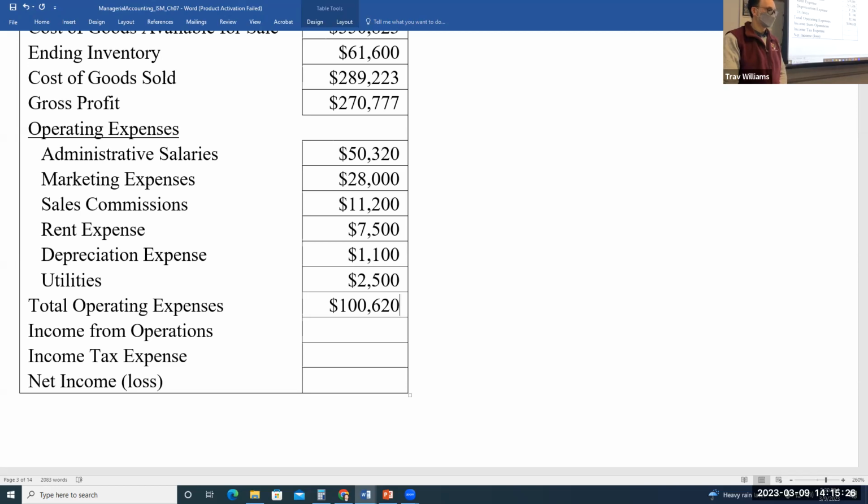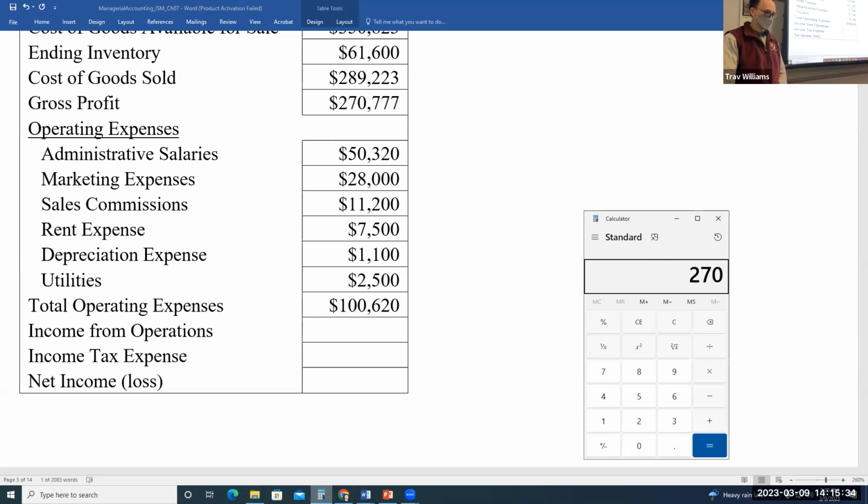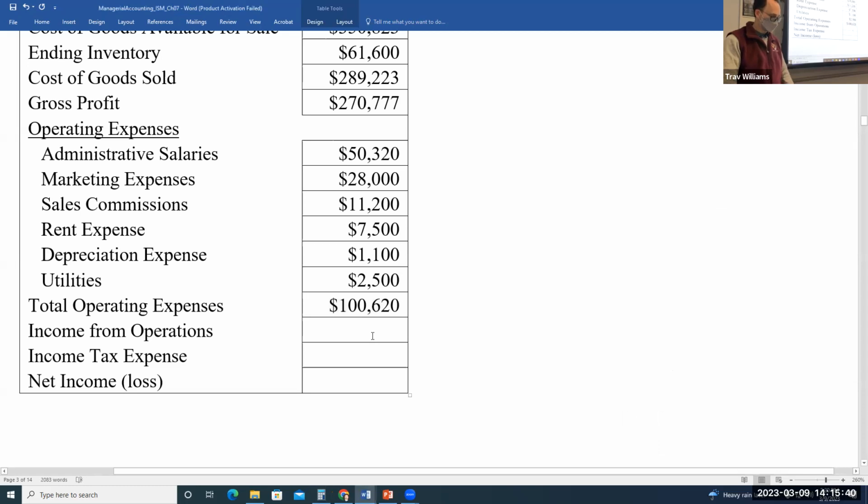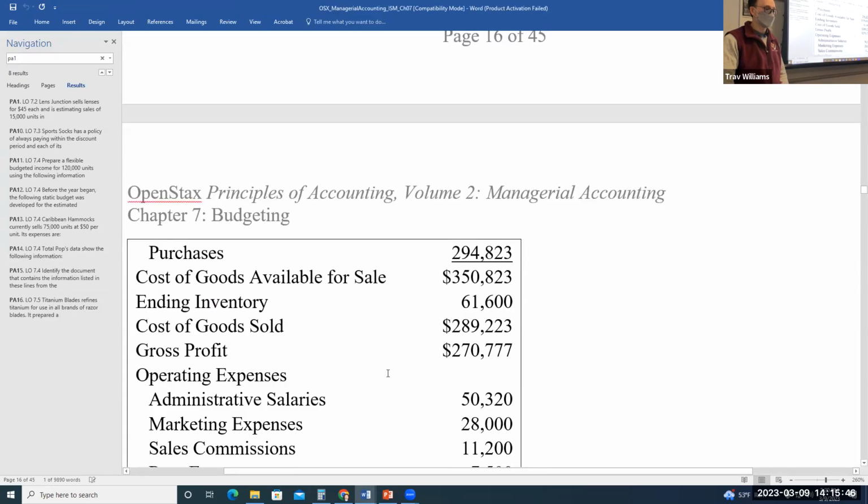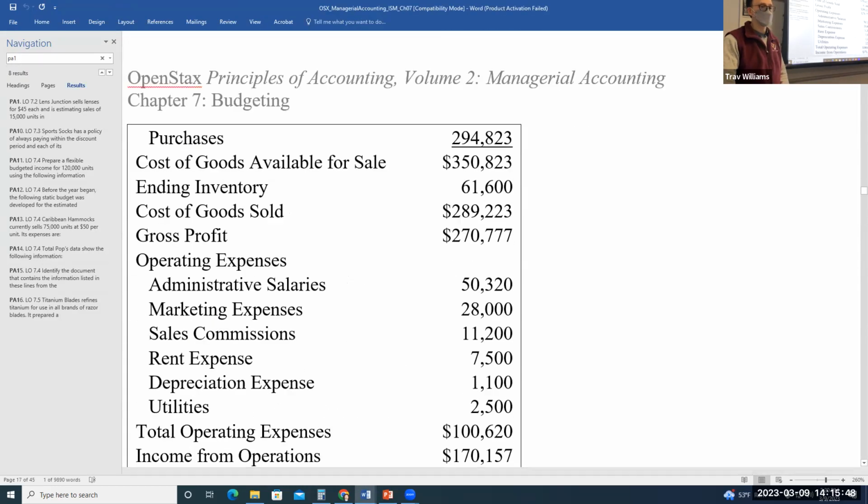Gross profit minus the operating expenses. Yep. So take our gross profit minus this total operating expenses. That gives us 170,157. See how we're doing so far. Okay, that's good.